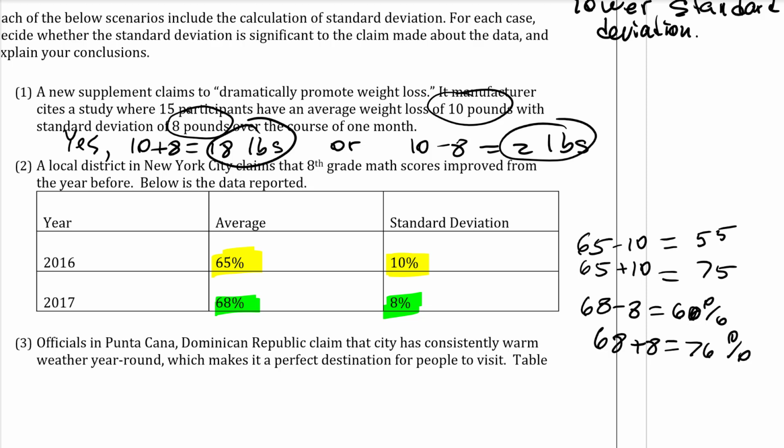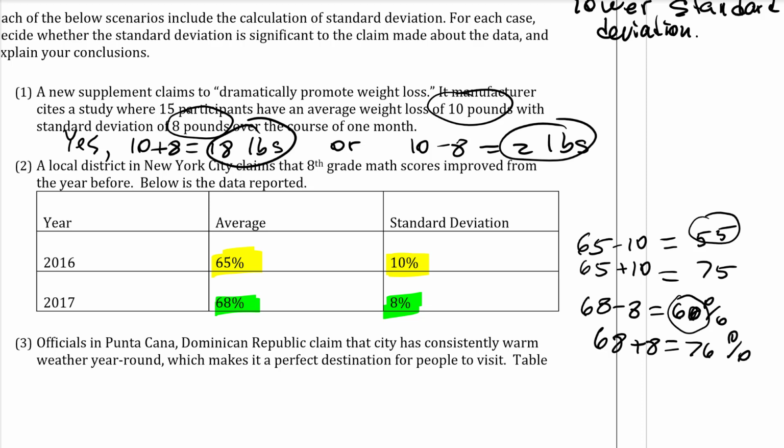Now, how would you compare this? Well, the lower end of the scores did improve, but the higher end is still in a 76 range. So it improved slightly, but the lower standard deviation tells us that it's not as spread out. The scores are a little bit more consistent.